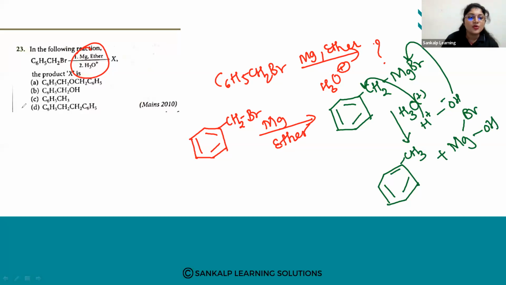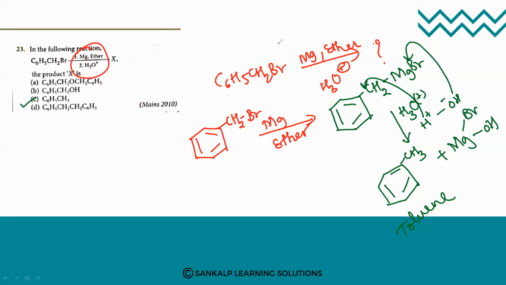So option C is the product X which is formed. That is toluene. Understood? Is it clear?